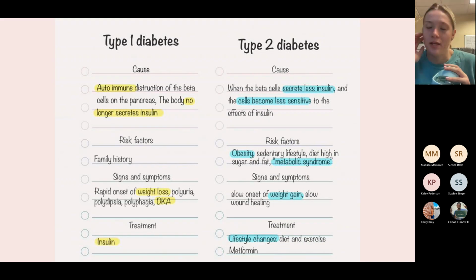Again, we reviewed a lot of the differences between the two. So really focus on what some of these symptoms might be for these patients. With type 1 diabetes, we treat with insulin, and usually with type 2 diabetes, we treat with lifestyle changes. In the event those lifestyle changes do not work, we can give them metformin, which is an oral anti-diabetic drug. Does anyone know what our big concern with metformin is?